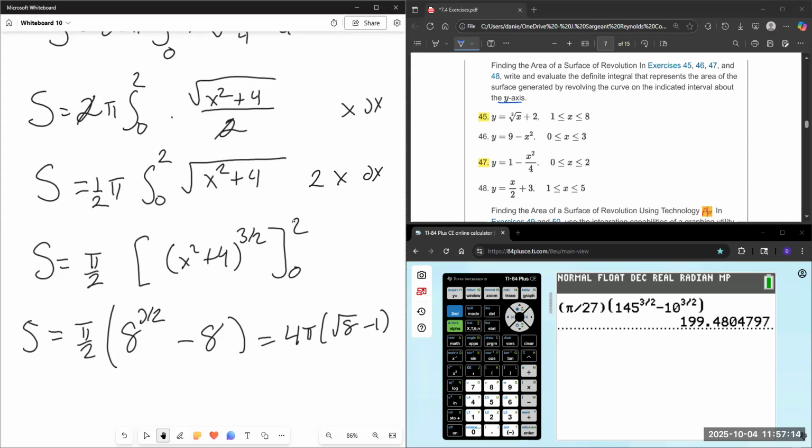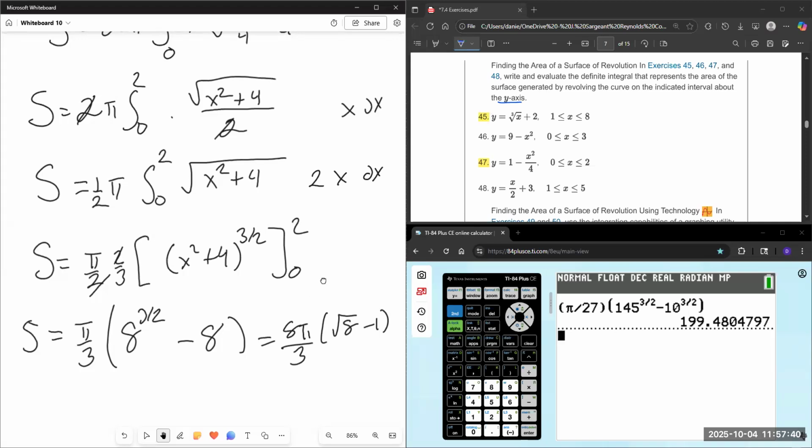I forgot. This is 3/2, so this is 2/3. So this is over 3. And this is 8 pi over 3. That's what I get for not doing my u substitution.